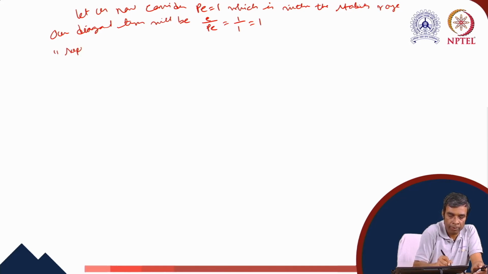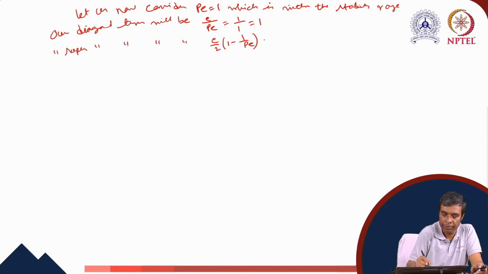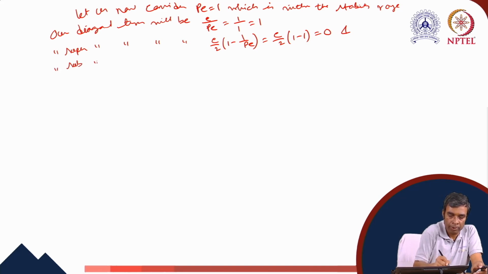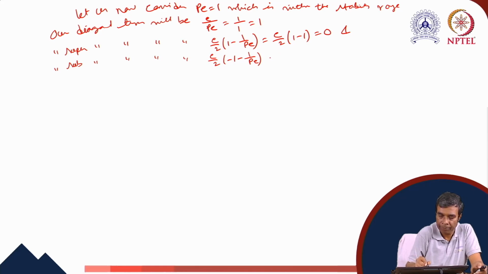Our super diagonal terms will be C by 2 into 1 minus 1 by PE equals to C by 2 into 1 minus 1 equals to 0, and our subdiagonal terms will be C by 2 into minus 1 minus 1 by PE equals to 1 by 2 into minus 1 equals to minus 1.